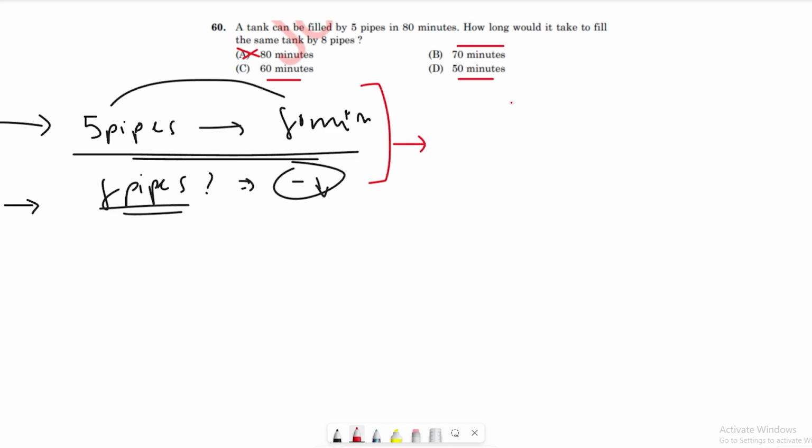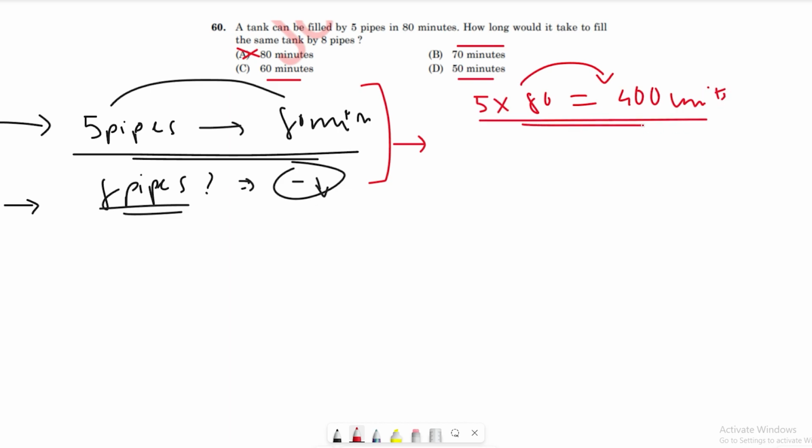Okay, let's do it like this. 5 pipes shall take up 80 minutes to fill up the tank. So how much work have 5 pipes done together? 5 times 80 is 400 units of work. Now see, how much work will 8 pipes do? The total work remains the same because we are not saying the task has reduced.